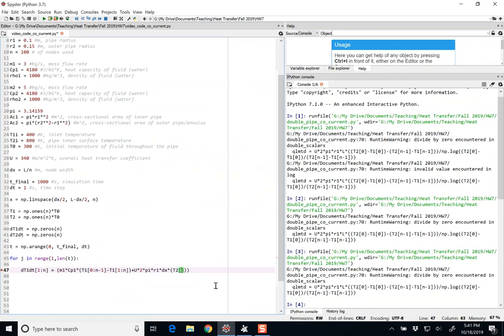So we're going to go T2, and we want this to match this indexing here, so this is going to be 1 to n, and then we're going minus T1, also nodes 1 to n. Let's just check our parentheses there. Okay, we're looking good. So now we need to go through and divide by our denominator, which is going to be rho 1 times CP1 times dx times AC1.